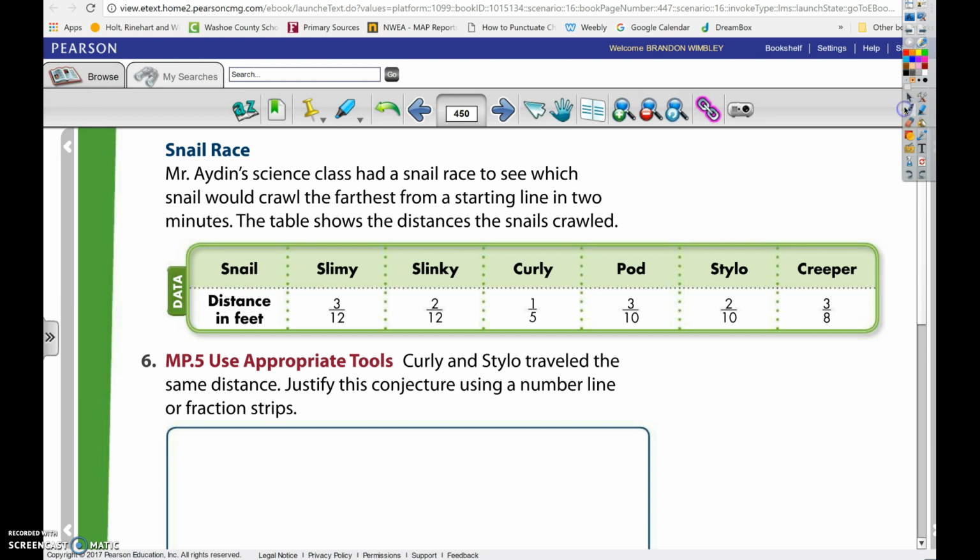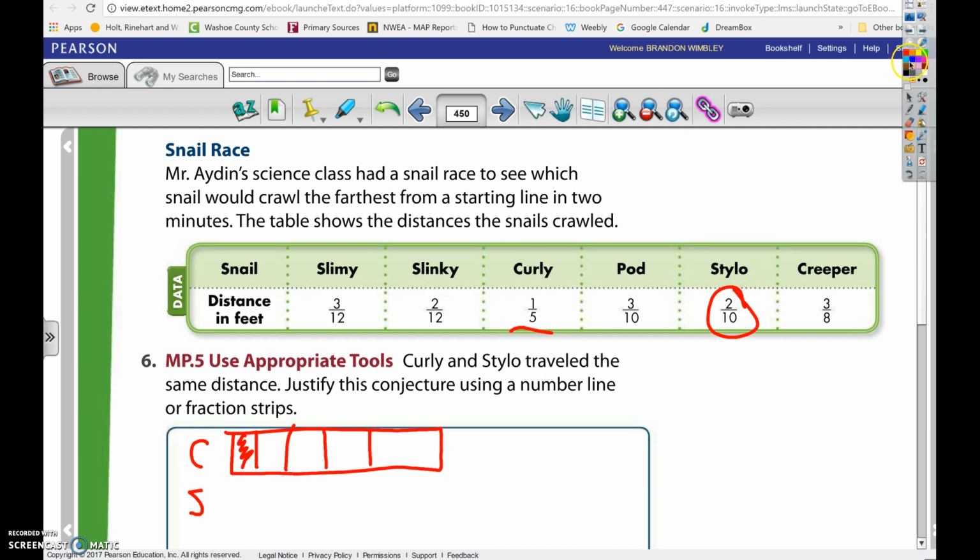So I'm going to look, and I see this is Curly, so I'm going to draw a model, and Curly did 1/5, so that will be 1, 2, 3, 4, and 5, and he did 1/5 there. And if I look, Stylo did 2/10.